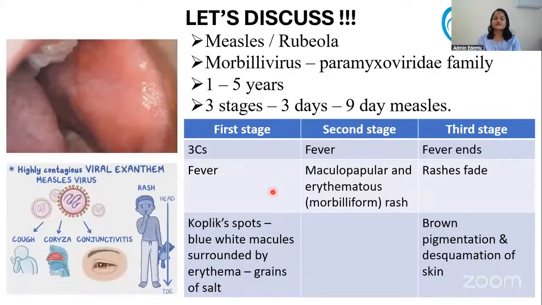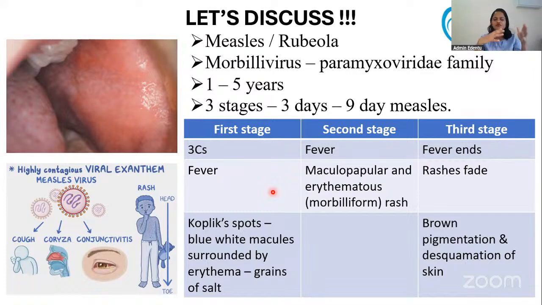So let's see where we will see these Koplik spots. They are usually seen in measles or rubeola, which is caused by the morbilli virus, which belongs to the Paramyxoviridae family. It usually affects children of 1 to 5 years.